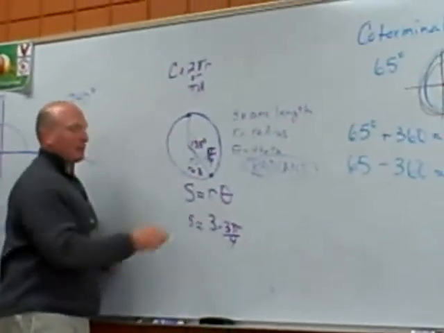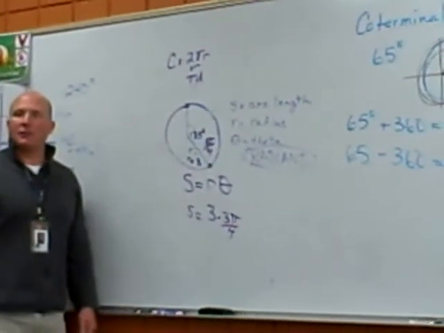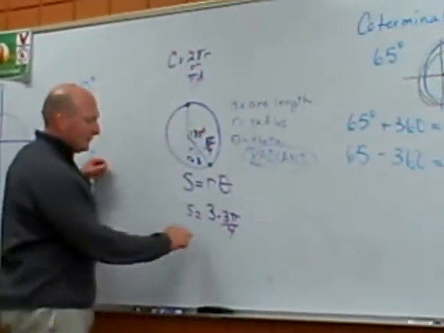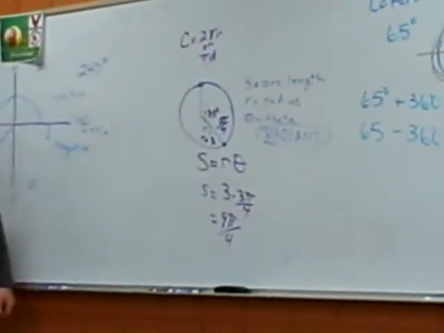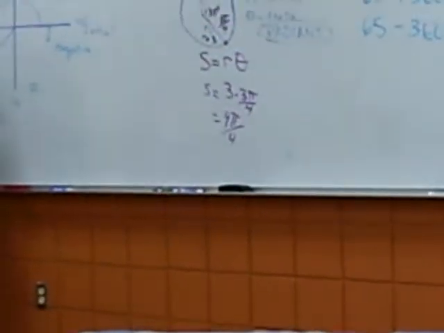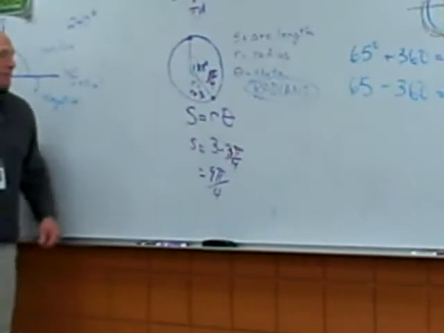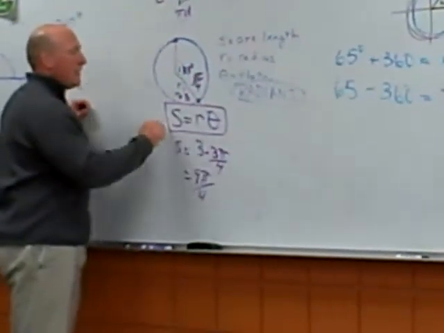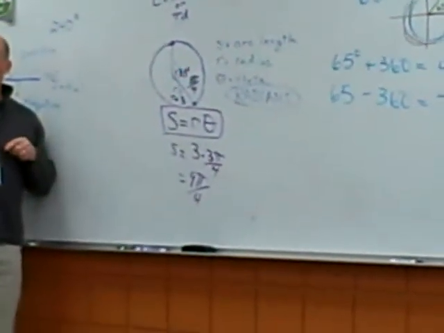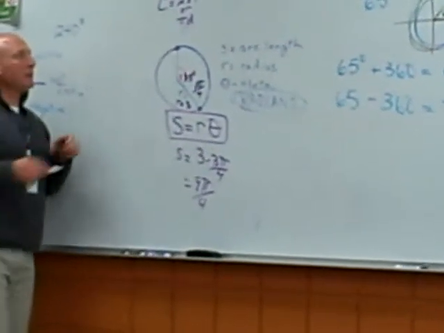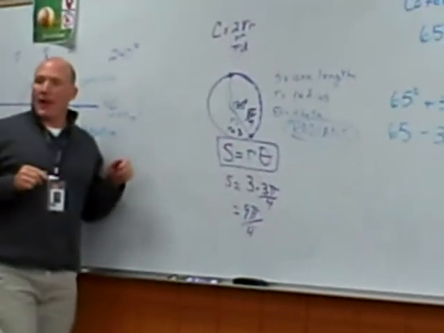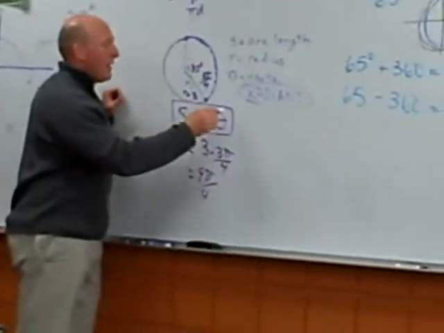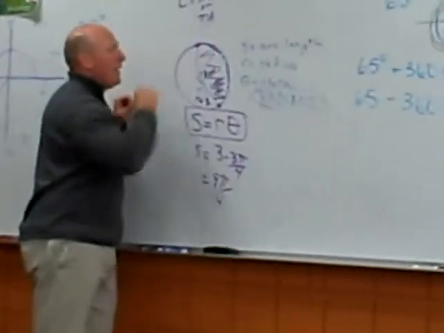A lot of you try to make this real difficult and use your calculator way too much. What's 3 times 3? 9. That's how I want it. Keep it simple. Is the arc length emphasis blue? Yes, arc length goes on the arc.